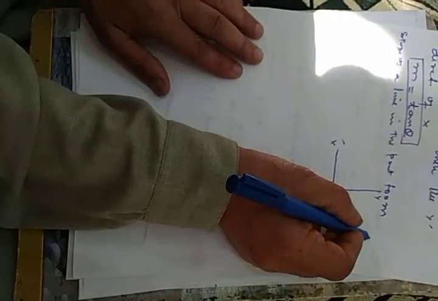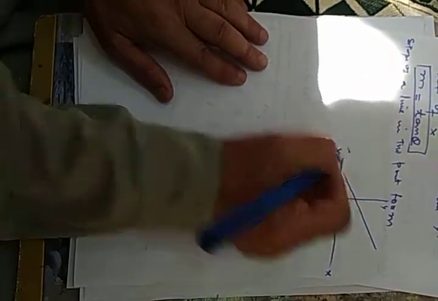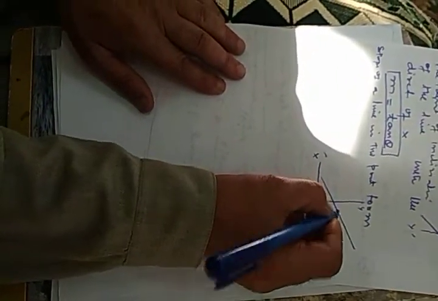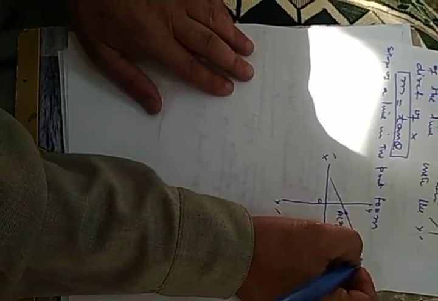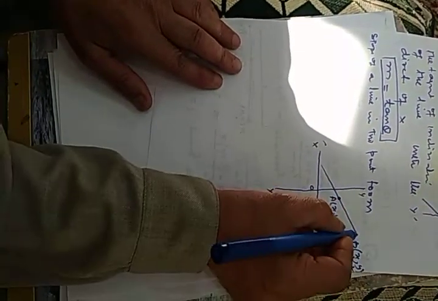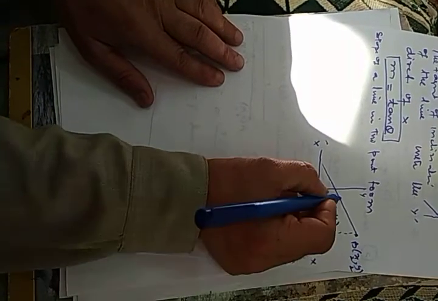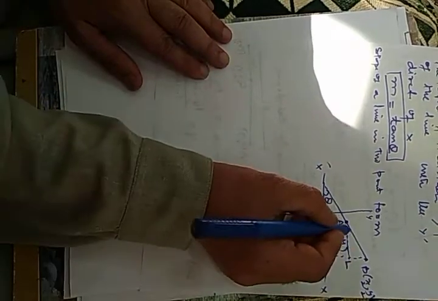Now if there is a line making an angle theta with the axis, we have two points on it, say A (x1, y1) and B (x2, y2). You can draw perpendiculars from these upon the x-axis, like this, so it is CL. If this angle is theta, the inclination of the line with the axis, then this will be the same theta. These are alternate angles, corresponding angles.